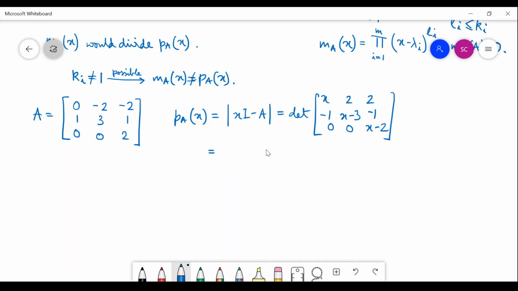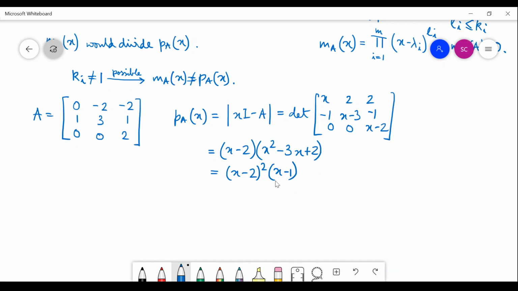If you form the determinant, you start from this quantity, and you see it gives x square minus 3x plus 2, and hence this can again be factorized. What you will get is (x minus 2) square times (x minus 1). That is what you will get.